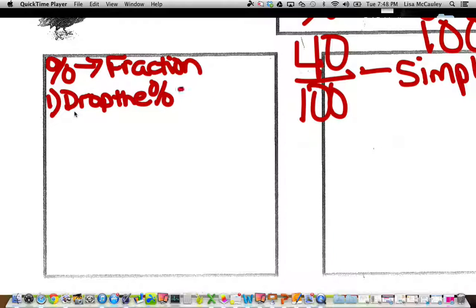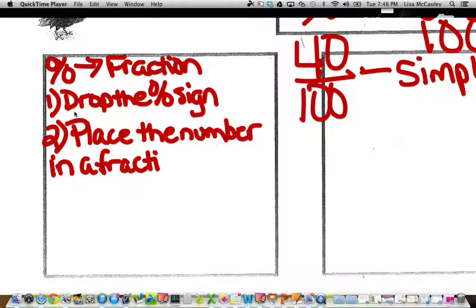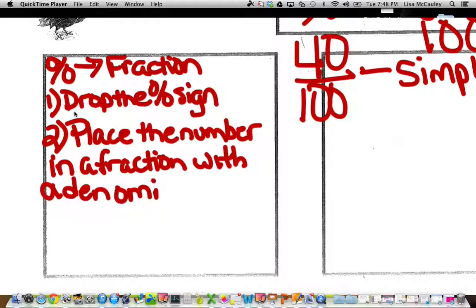Step 2, place the number in a fraction with a denominator of 100.